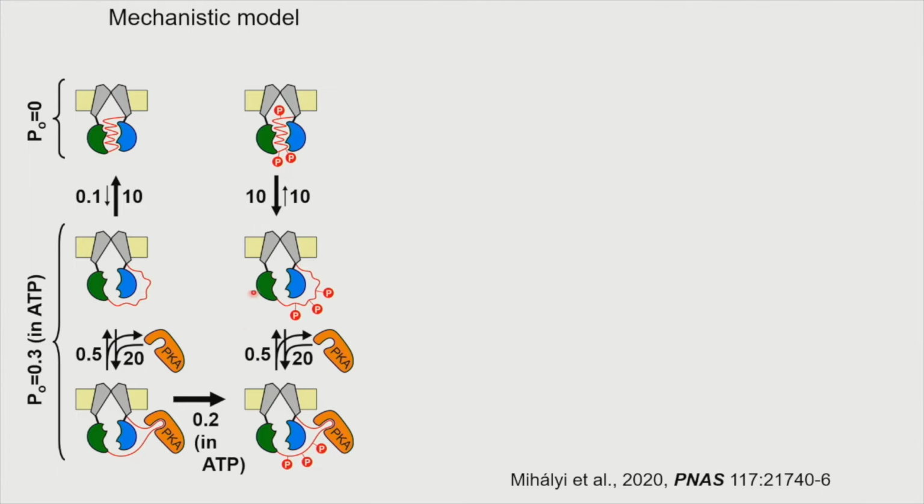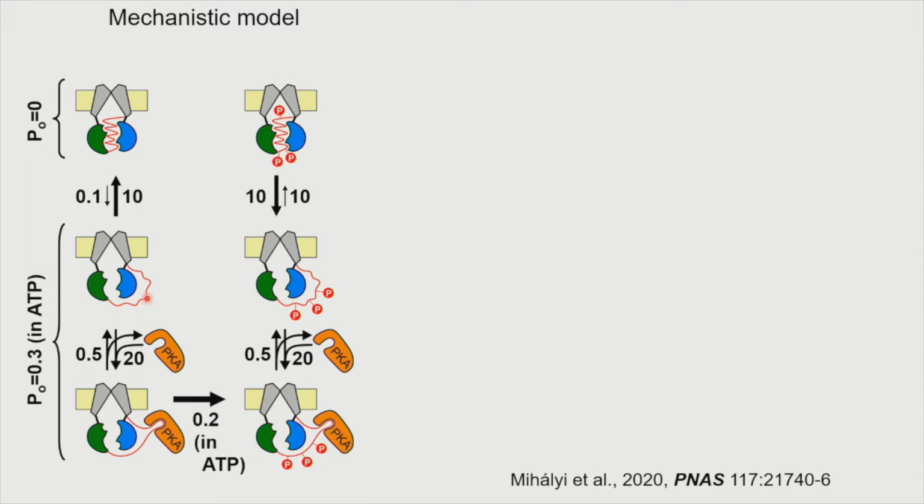Based on these data, we constructed a simple model in which the R domain exists at a rapid equilibrium between wedged-in and released conformations. That equilibrium is shifted towards wedged-in for the unphosphorylated R domain, but is shifted towards released for the phosphorylated R domain. The wedged-in conformations are inactive, but the released conformations are all completely active, in the sense that they are able to gate in the presence of a suitable nucleotide.